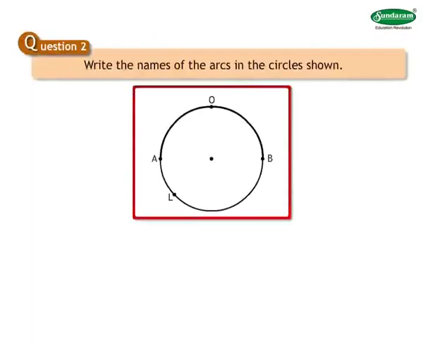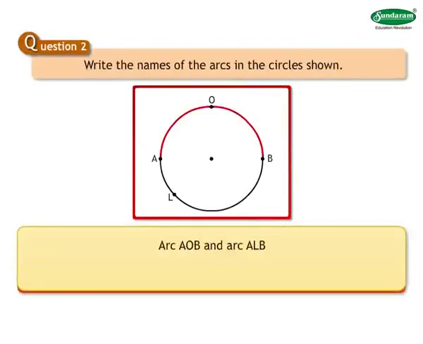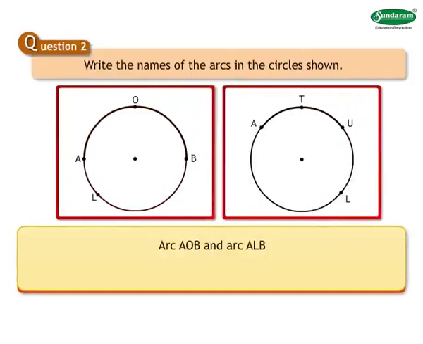Question number 2. Write the names of the arcs in the circles shown. Number 1. In the figure 1, we see two arcs, arc AOB and arc ALB. Number 2. In circle 2, we see two arcs, arc ATU and arc ALU.